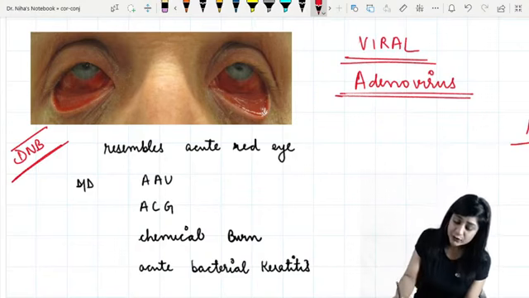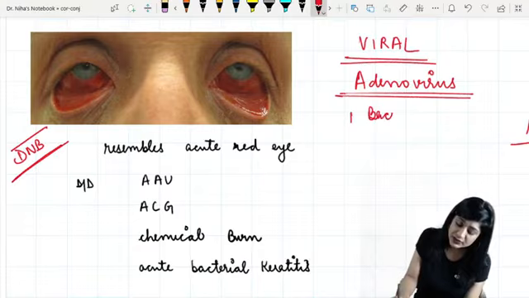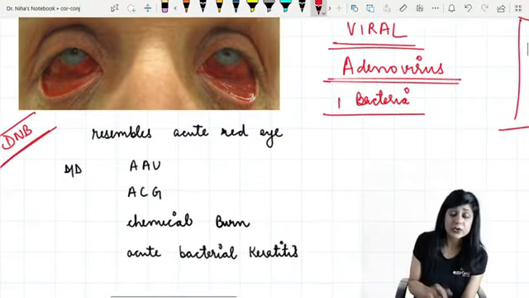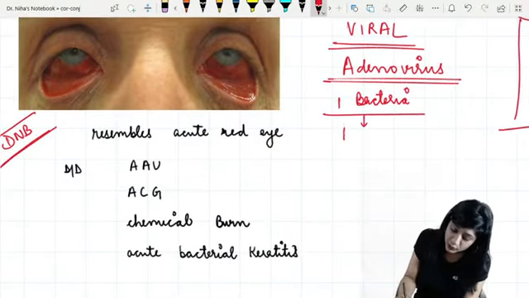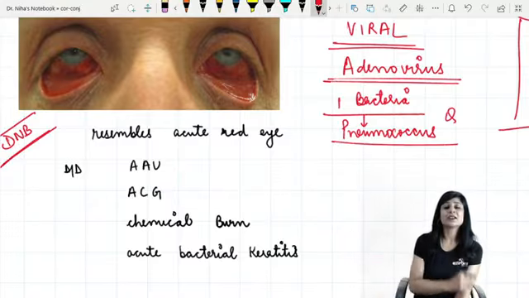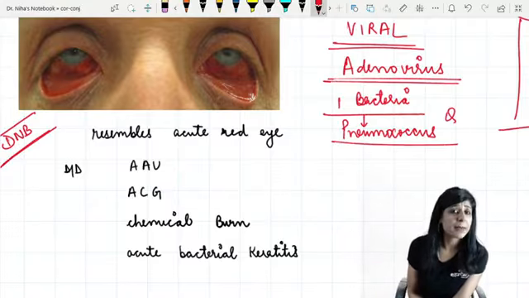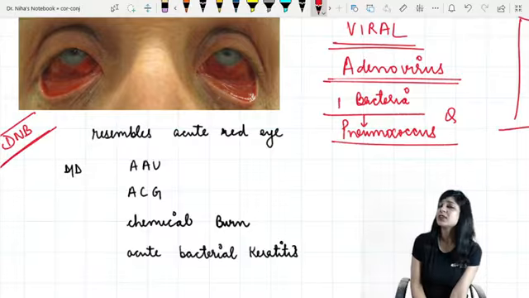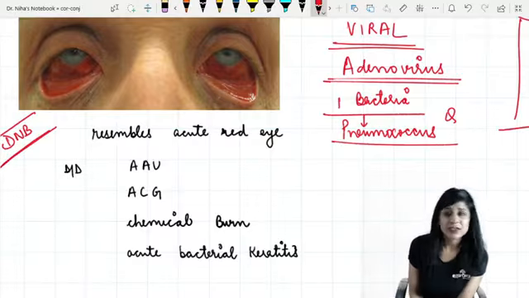There is only one bacteria which is causing the hemorrhages, note it down, this is your pneumococcus. That too the petechial hemorrhages. Otherwise, hemorrhages means the virus.